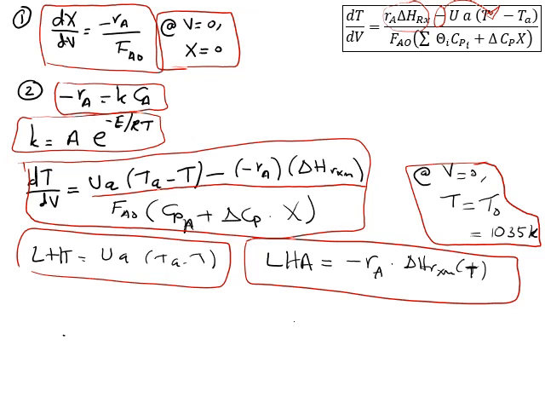Ta is larger than T. Therefore, the localized heat transfer will be positive, right? Because I'm heating. And minus Ra is positive, delta H reaction is positive. Therefore, the localized heat absorbed is positive as well. I always want to have the localized heats positive because I want to compare their magnitudes. I don't want to compare the direction of the heat transfer.